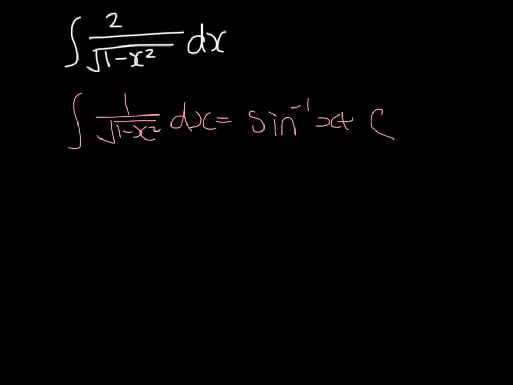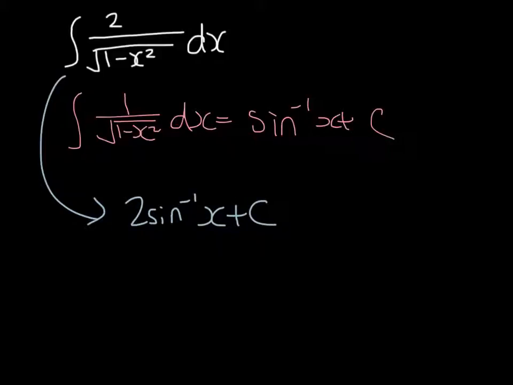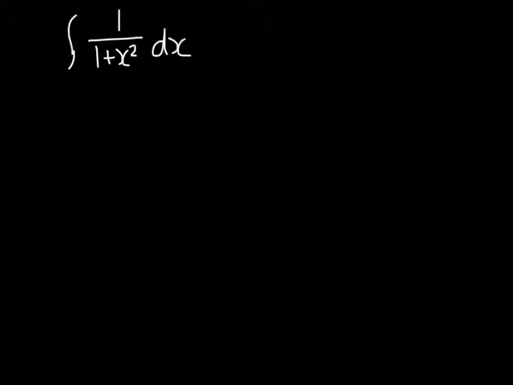So if we have that multiplied by 2, then our answer is just going to be 2 inverse sine of x plus c. The integral of 1 over 1 plus x squared, this is just something you have to memorize. It is inverse tangent of x.